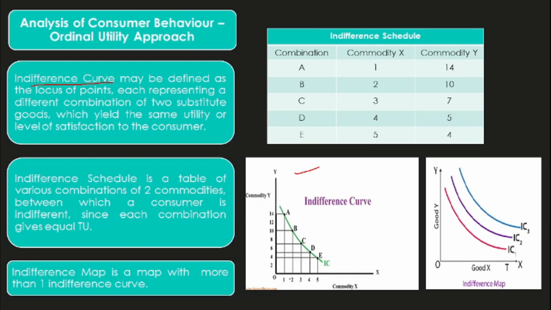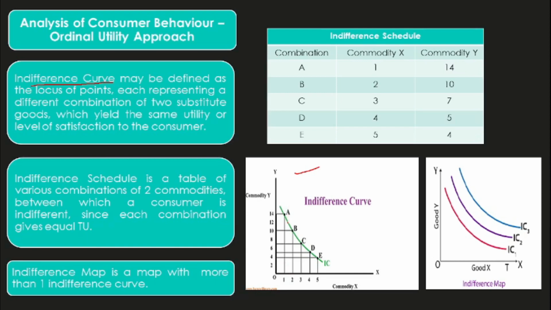Here we have the combination in which, at point A, we can see 14 units of commodity Y and 1 unit of commodity X. That is one combination, which is given the name A, in which a consumer is ready to utilize his income.